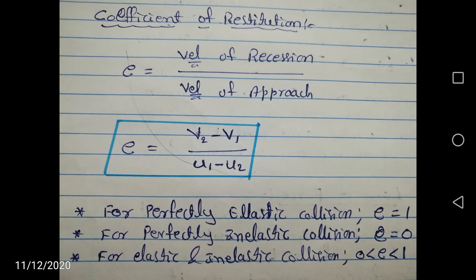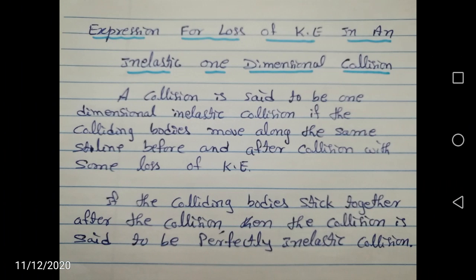By knowing the law of impact, we shall derive the expression for the loss of kinetic energy in the case of an inelastic collision. A collision is said to be inelastic if kinetic energy is lost in the collision. But we all know that linear momentum is conserved in all types of collisions.